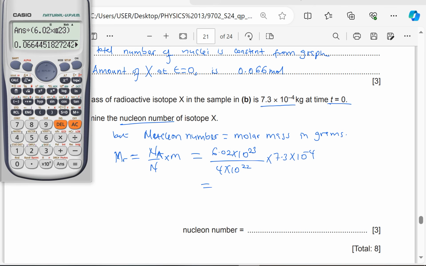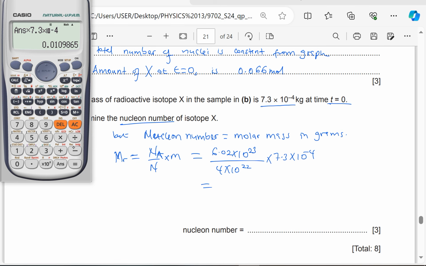So I'll press my calculator. 6.02 exponent 23 divided by 4 exponent 22. Then I'll multiply this by 7.3 exponent minus 4.